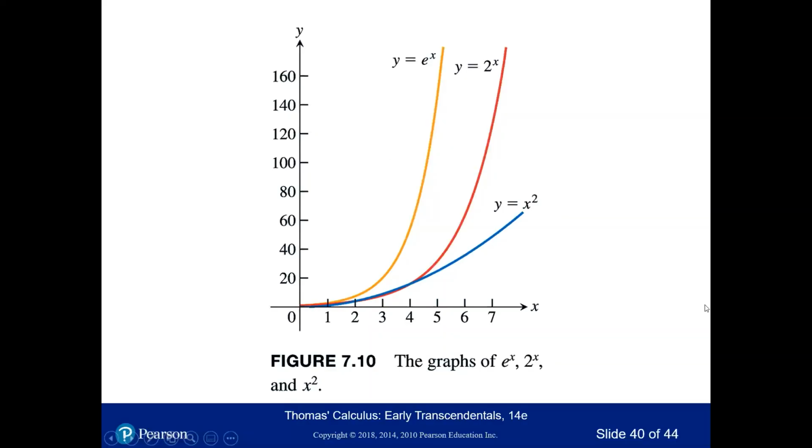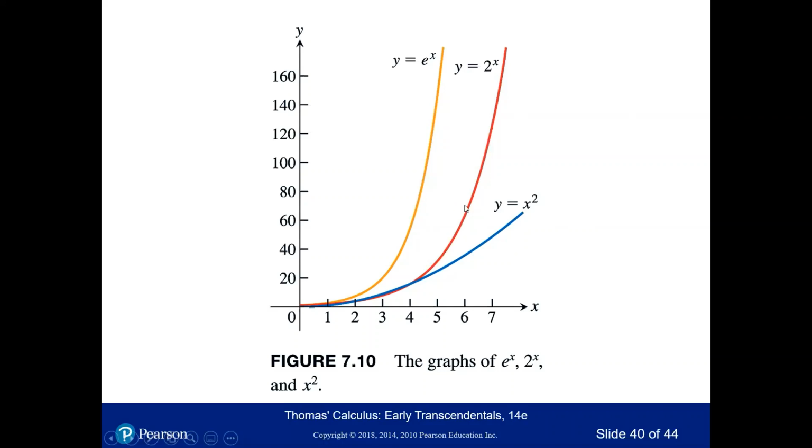All right, so here we have a picture from the textbook, so that we can see that here we have three functions: x squared, 2 to the x, and e to the x. And you can see that all these three functions are all going up, right? As x increases, our y values are increasing as well.